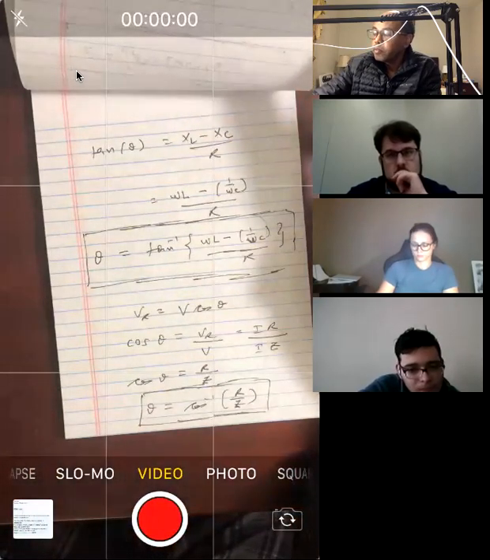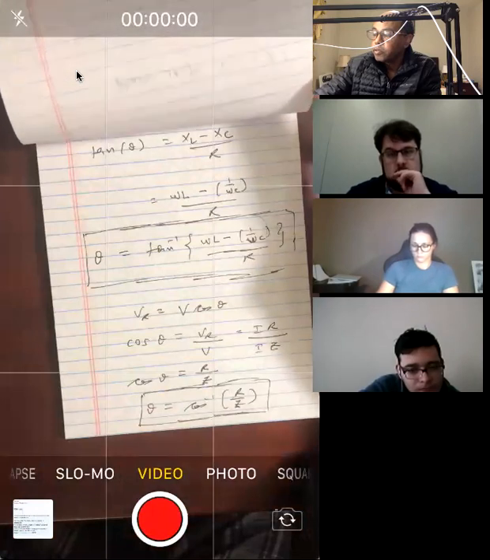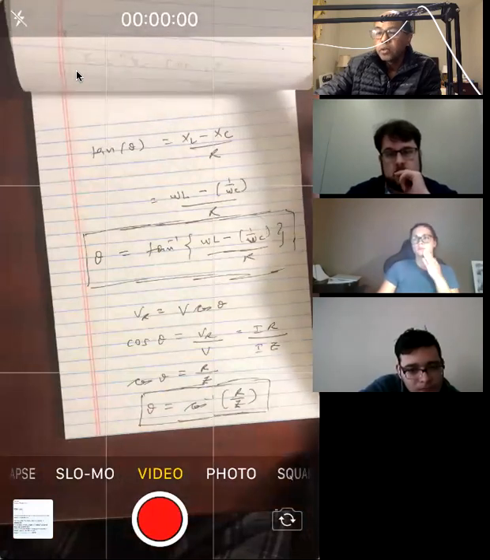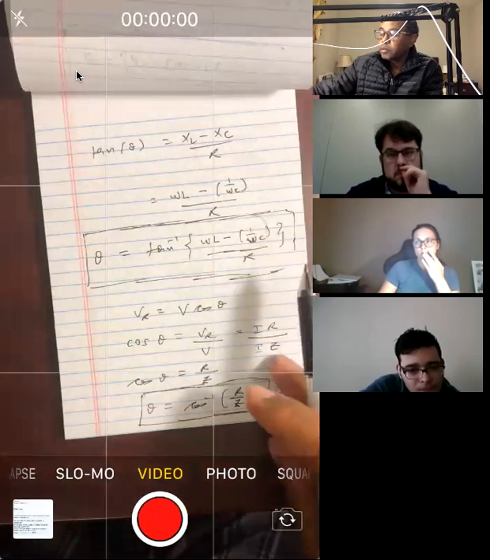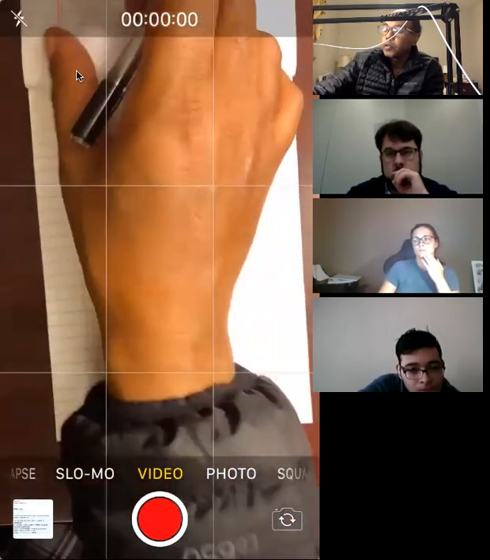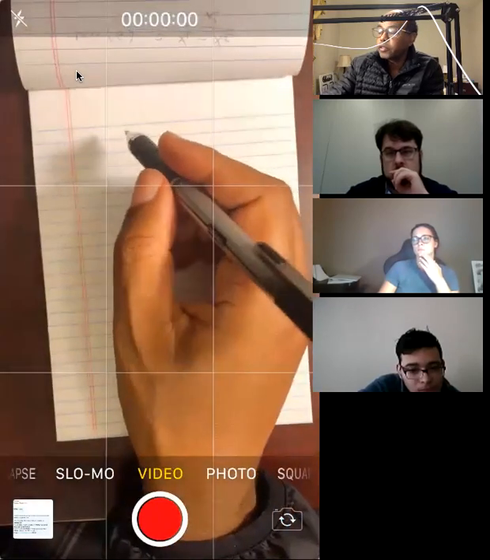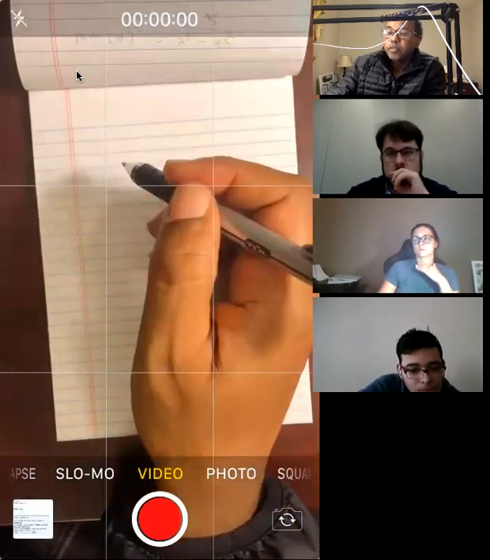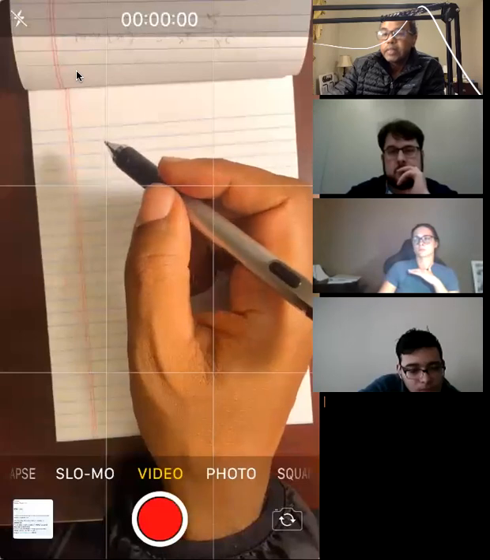So we've done this mathematically, but there's also another way of doing it. It's called a rotor diagram. Let me show you how to use the rotor diagram. A rotor diagram is basically a rotating vector, used to represent an AC signal.